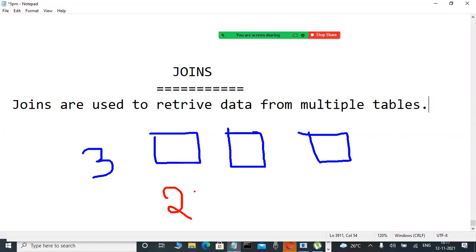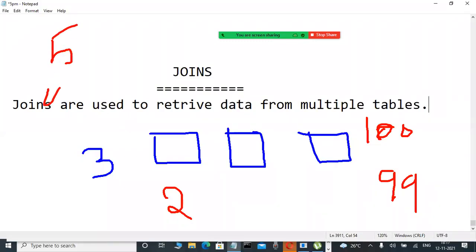Suppose 100 tables, then 99 joining conditions. Suppose 5 tables, 4 joining conditions. Suppose 4 tables, 3 joining conditions. Otherwise your join is wrong.